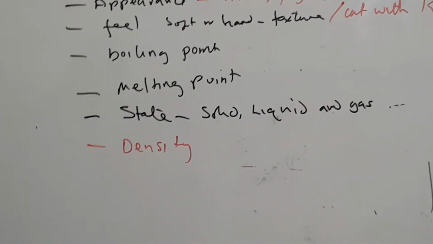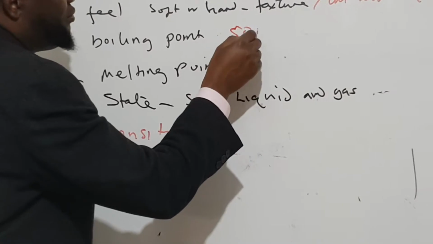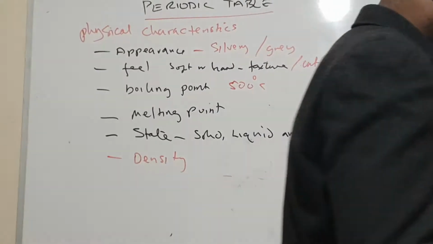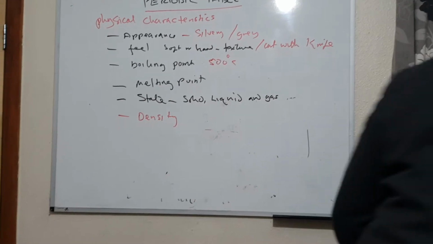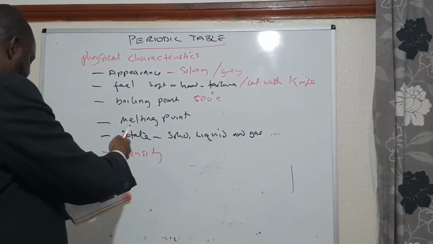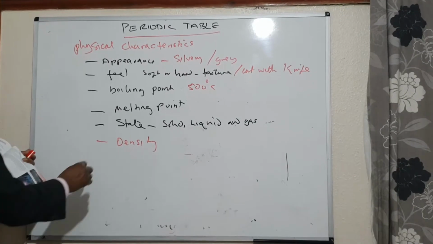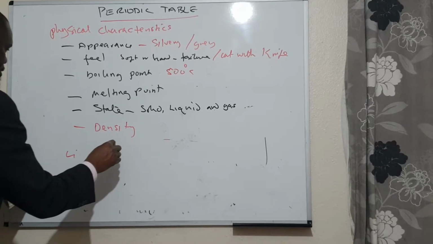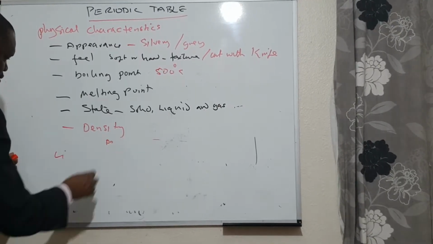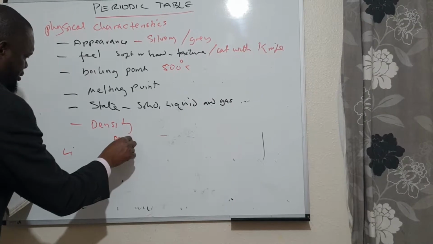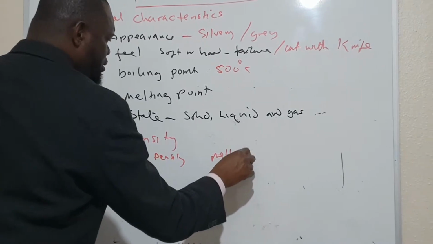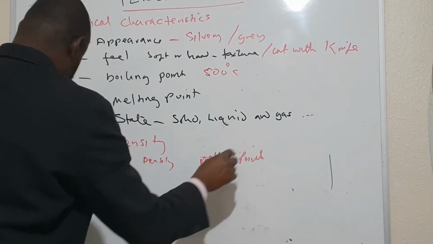Now, boiling point. They have a high boiling point. Most of them are above 500 degrees centigrade. Let's look at the boiling points. I saw in one paper they put the boiling points. Hold on. Okay, when you put it like this: density, melting point, and boiling point.